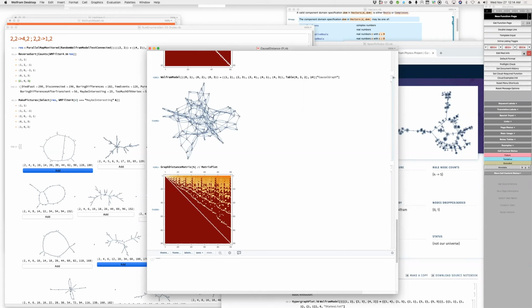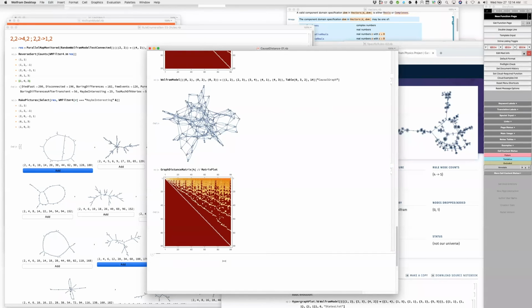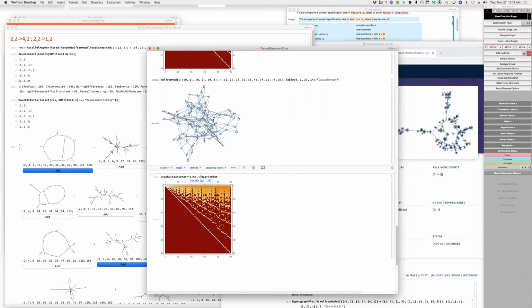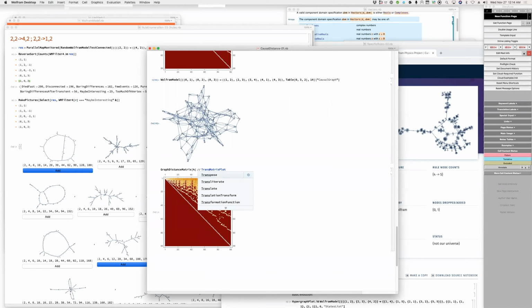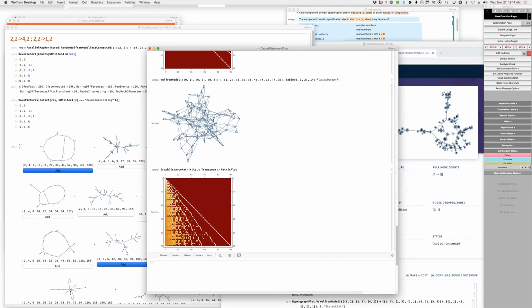Look. Okay, is that a light cone that we see before us?